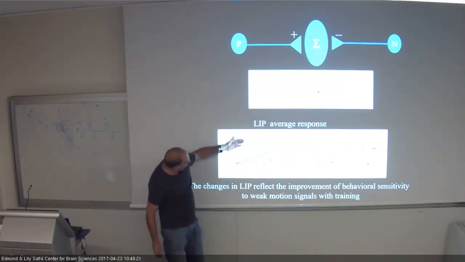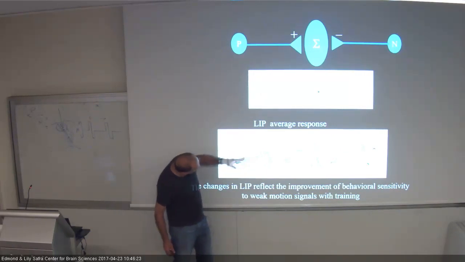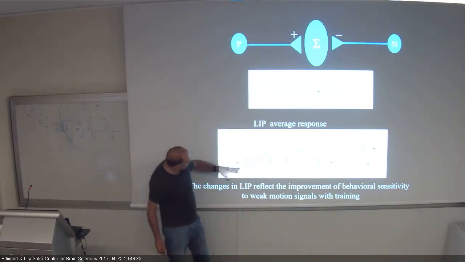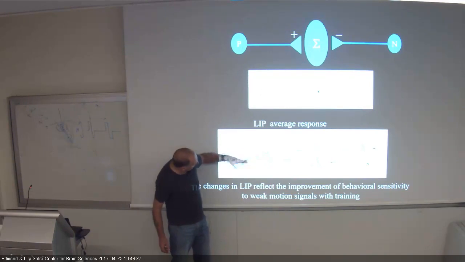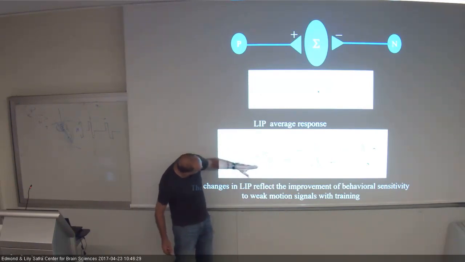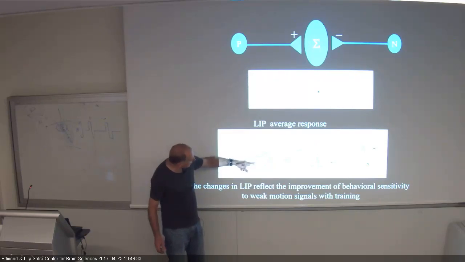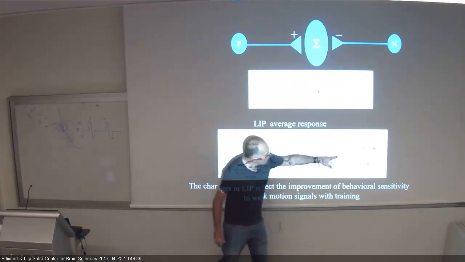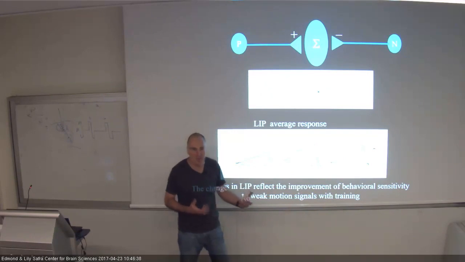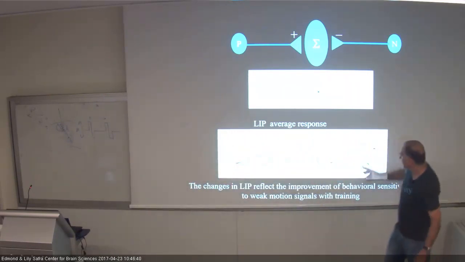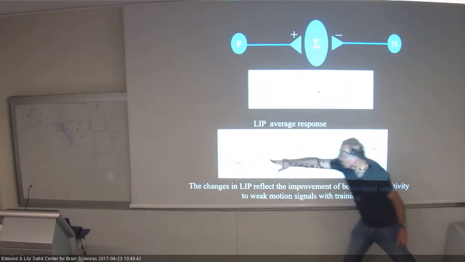Okay, so there's a number of cells here, but you can see that it's always an increase of the firing rate if it's in the preferred direction, a decrease of the firing rate if it's in another direction. And it's somewhat irrespective of the coherence level. But look at what happens in the late sessions when the monkey has become better. What can you see? Compare this to this one.